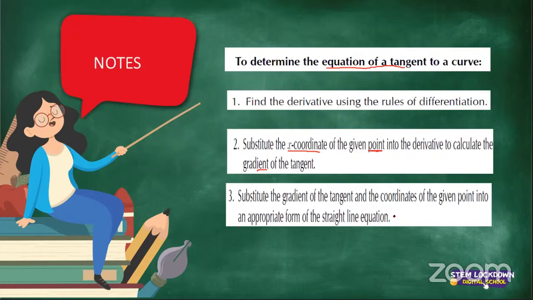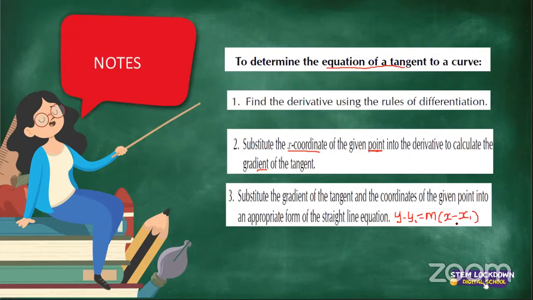So you will use the equation y minus y1, which is equal to the gradient that you would have calculated, into x minus x1. Okay.